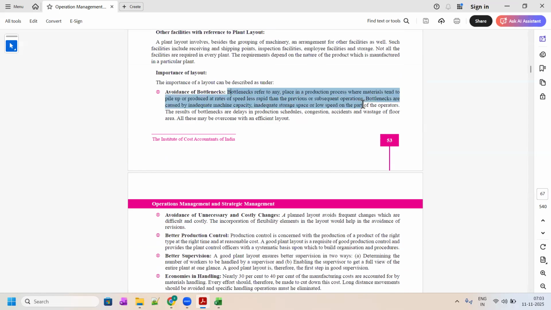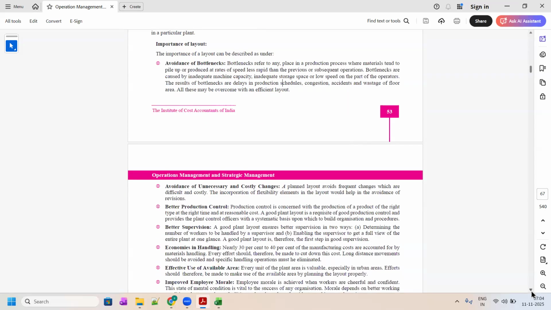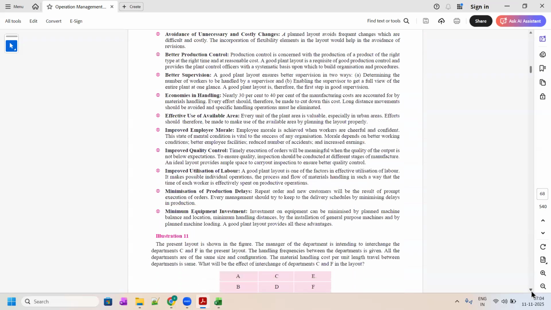Bottleneck refers to any place in the production process where the material tends to pile up or is produced at a speed lesser than the subsequent stage. Bottleneck creates problems in your layout process, so wherever we can identify a bottleneck, it's important to work on it. These are the basic importance of layout we discussed in the last class.